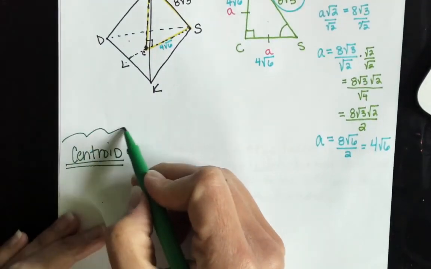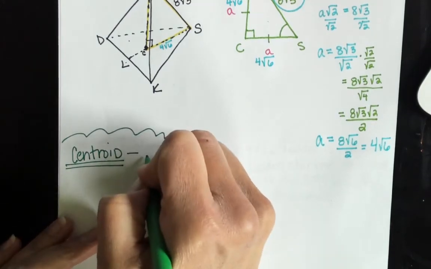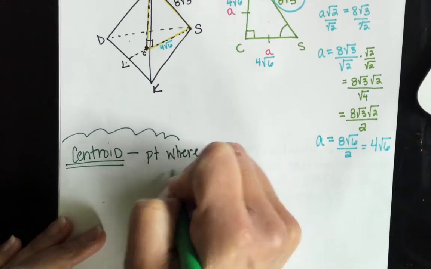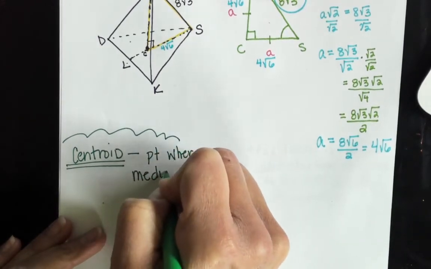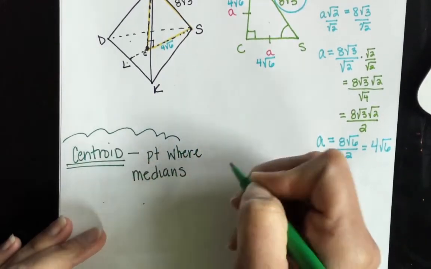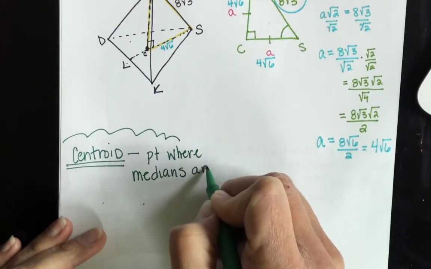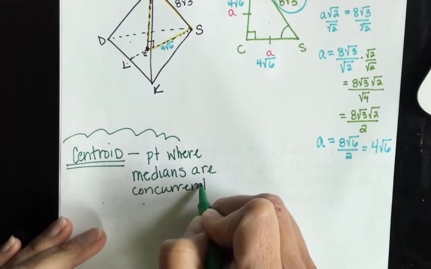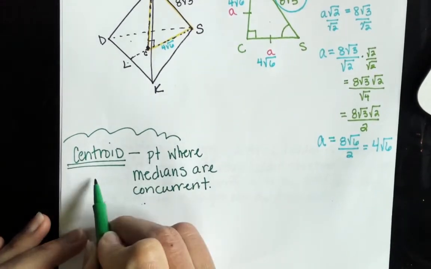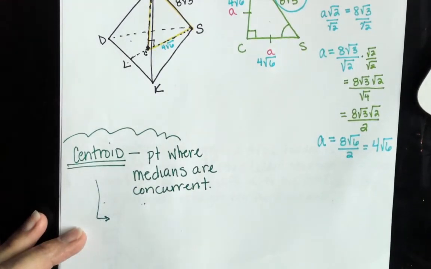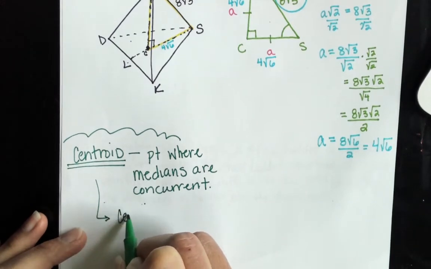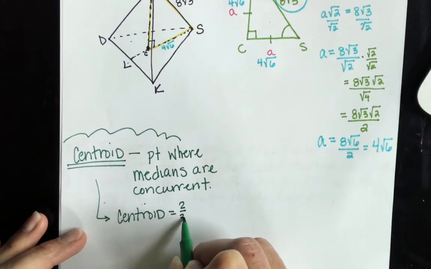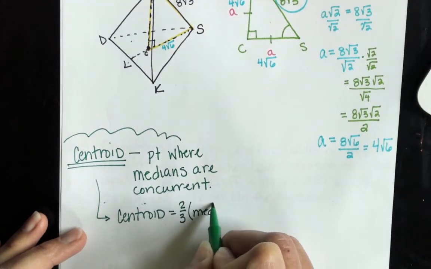So in review, it's the point where medians are concurrent. It's our point of concurrency. We also know that a centroid equals 2/3 the median.